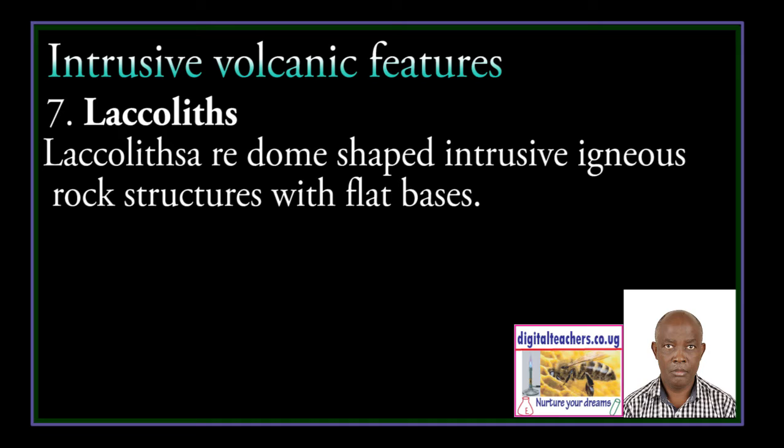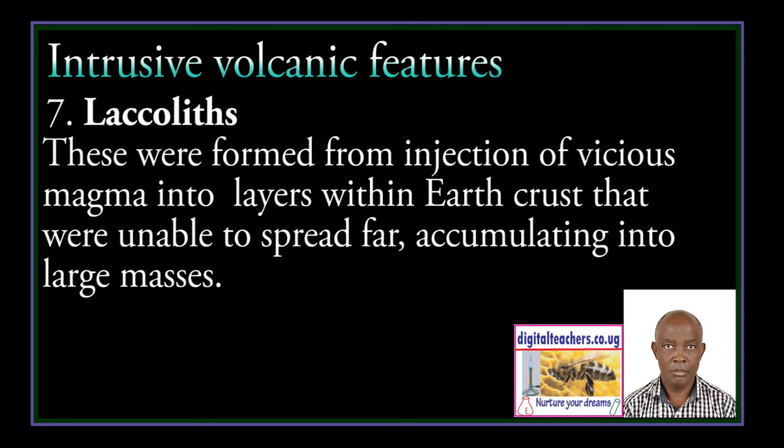Laccoliths are dome-shaped intrusive igneous rock structures with flat bases. These were formed from injection of viscous magma into layers within the earth's crust that were unable to spread far, accumulating into large masses.